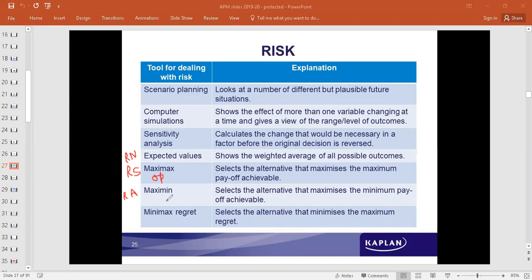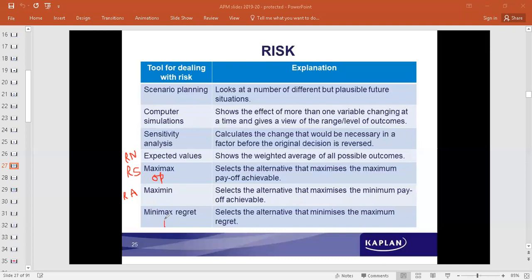So these are risk averse investors. They are not optimists. They fall under the category of pessimists, but not on such a severe note.